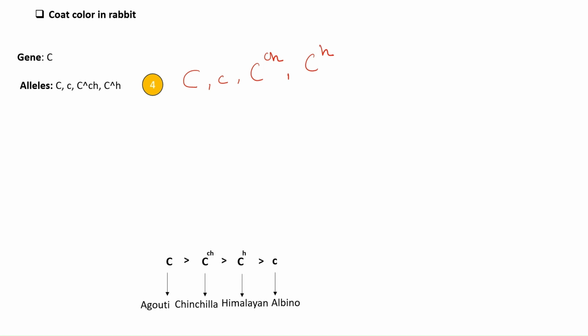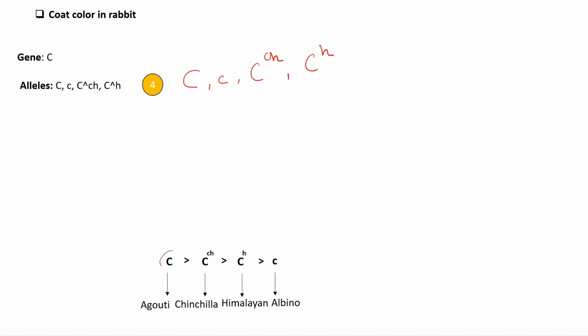Now another example is the coat color in rabbit. The gene responsible for the coat color is C. Alleles found in the population are capital C, small c, C to the power CH, and C to the power H. So these are the 4 varieties of alleles found in the population for the coat color in rabbit. Now this is the relationship.